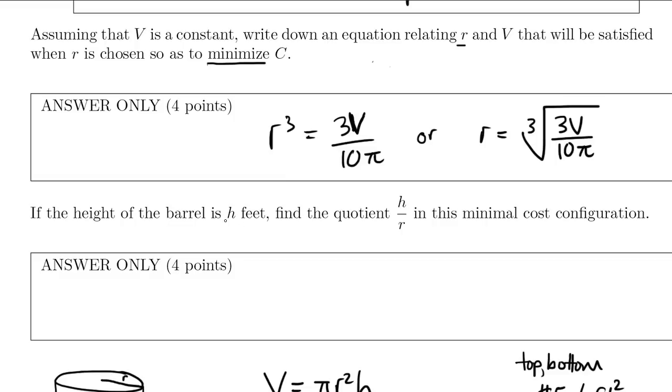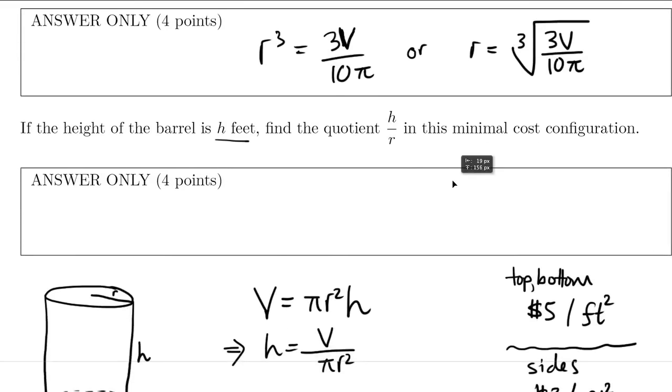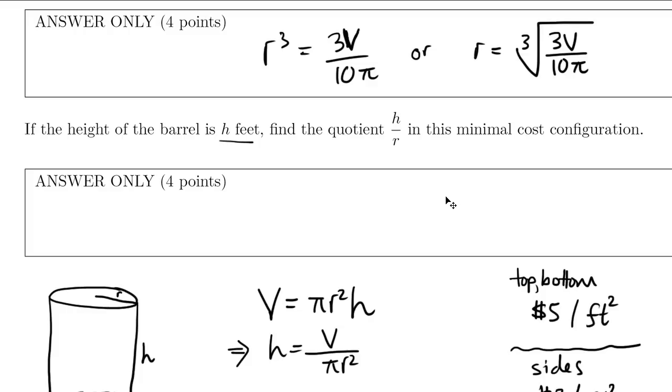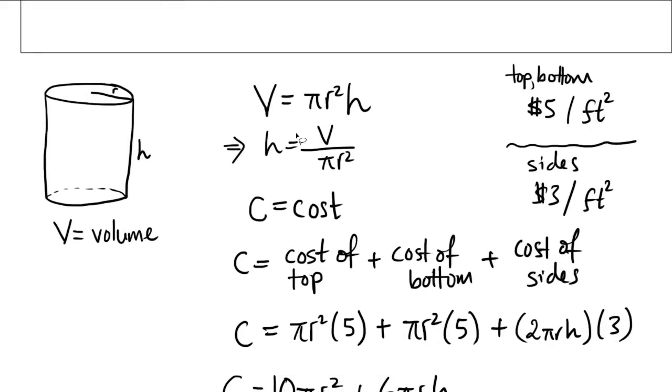If the height of the barrel is h feet, so now they're talking about the height, find the quotient h over r in this minimal cost configuration. Okay. Well, let's see here. h, we already saw that h is V over pi r squared, right? The first temptation would be, well, let's work down here. I'm going to grab this because I think I'll need it.